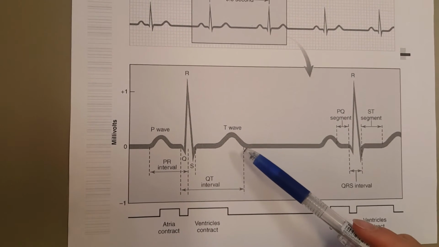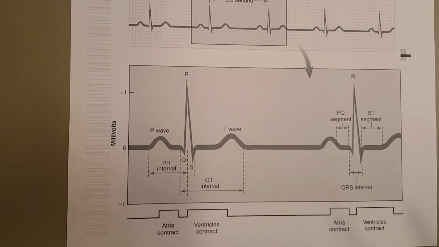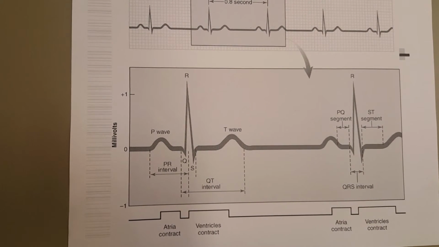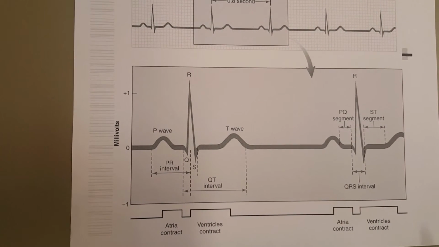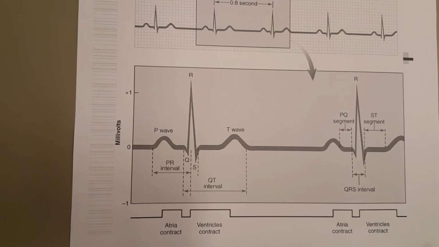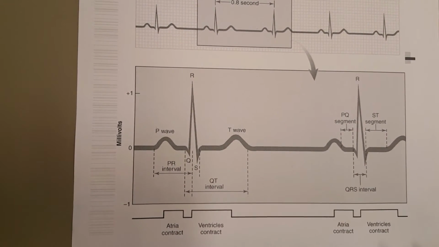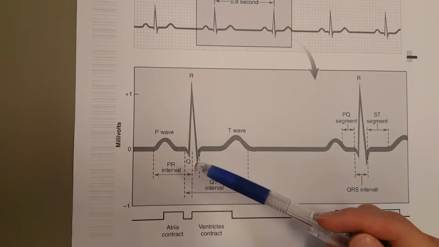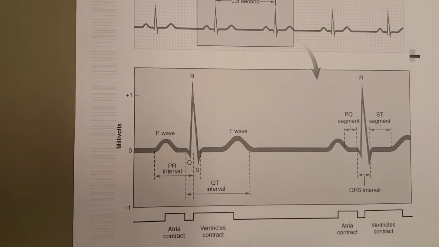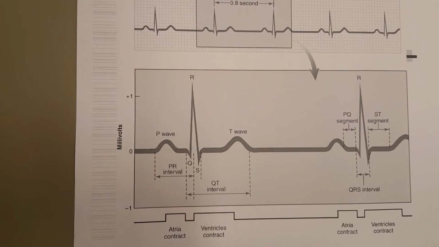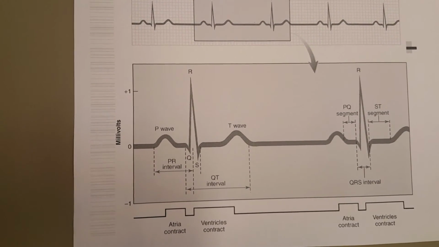The final deflection, the T wave, is the result of ventricular repolarization. Notice that atrial repolarization is usually not visible on the ECG because it occurs at the same time as the QRS complex. That is, atrial repolarization is hidden by the QRS complex.